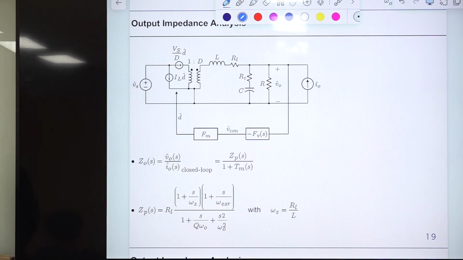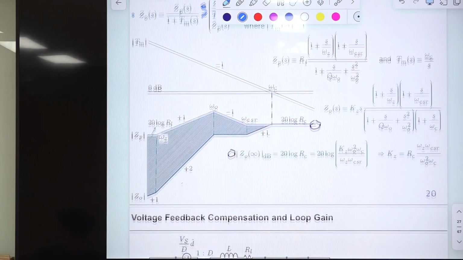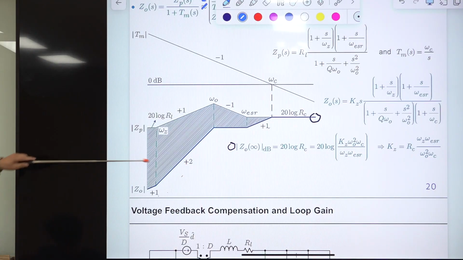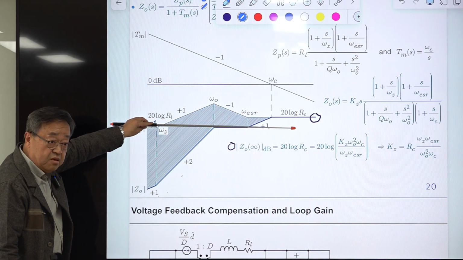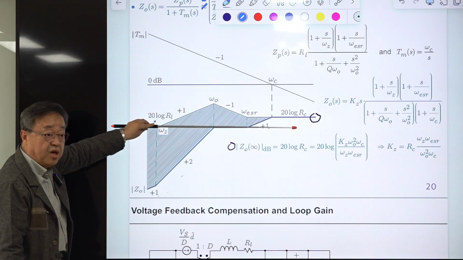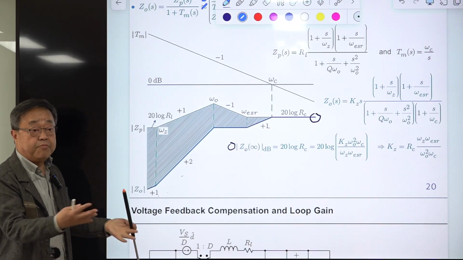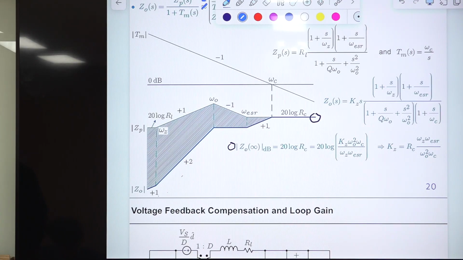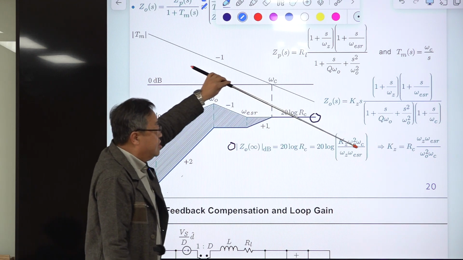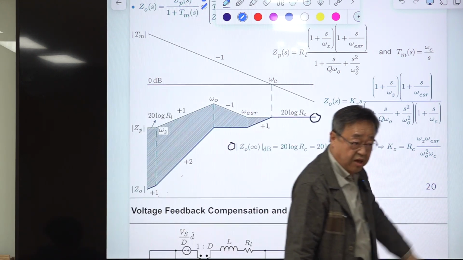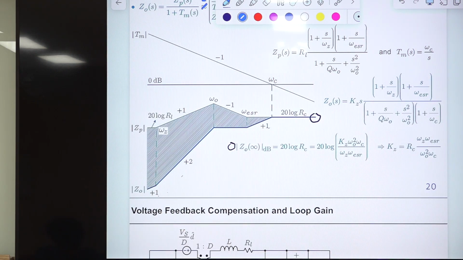So 20 log RC is always the high frequency asymptote of this output impedance, open loop and closed loop all together. Okay, that is because of the circuit property of the low pass filter and the characteristic of this loop gain at high frequency. Loop gain magnitude is declining always. Okay, that's out of the picture.